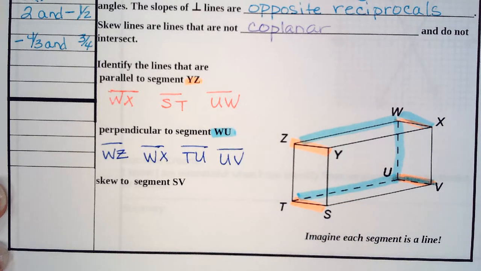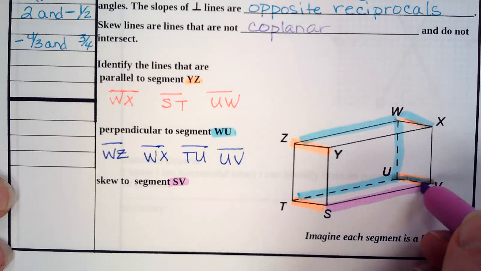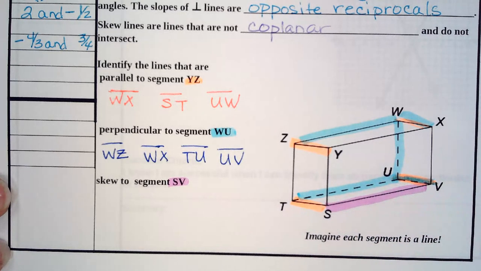Skew to ST or SV. So if we're looking at something that is skew, it has to be going the other way so that it will not intersect.